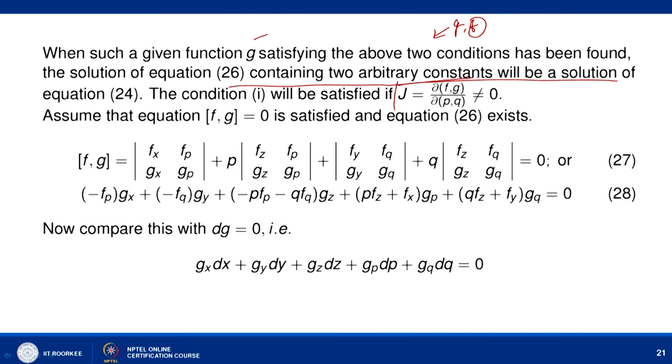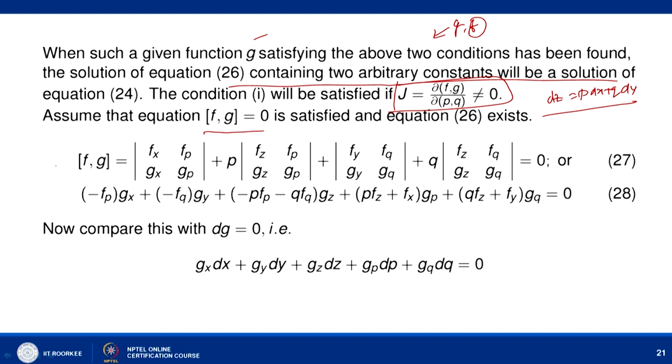Condition 1 means that f and g can be solved for p and q, which is equivalent to the Jacobian of f, g with respect to p, q being non-zero, and that f and g have one solution in common, meaning dz equal to p dx plus q dy is integrable, which simply says that the bracket f, g has to be 0.